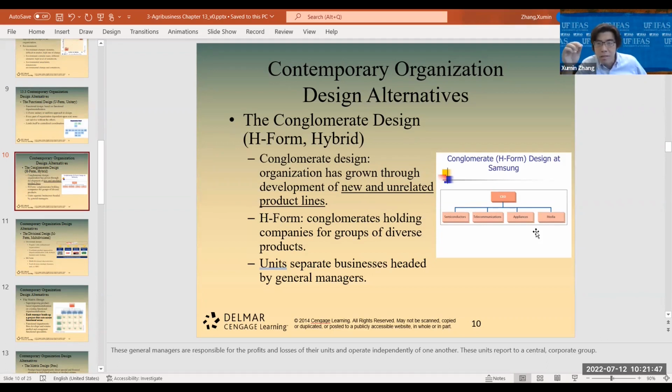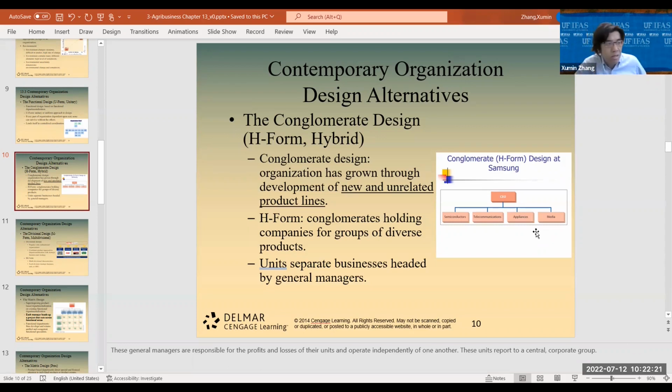At the corporate level, they have the CEO and different officers, and they also have CEOs for different restaurant brands, like Pizza Hut. The difference why we call it hybrid is that they have the product lines, and on the corporate level, they also share other supporting functions.